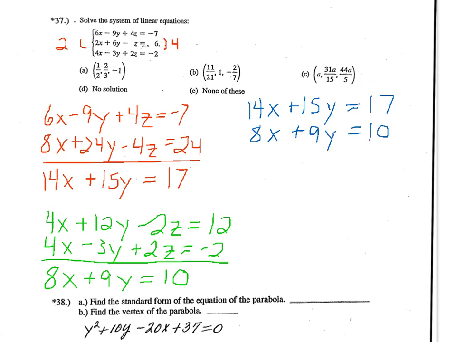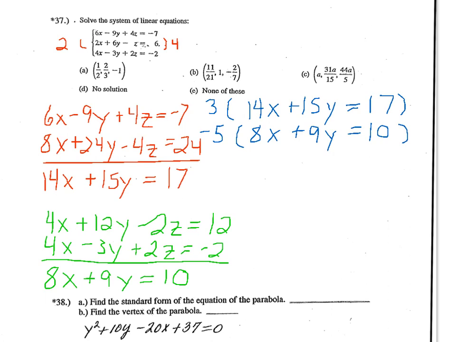Unfortunately, the coefficients aren't very nice, and it might be difficult to get two of them to be the same. So I am going to eliminate the y's by multiplying the top equation by a 3, so the 15 becomes a 45, and the bottom equation by a negative 5, so the 9 becomes a negative 45.